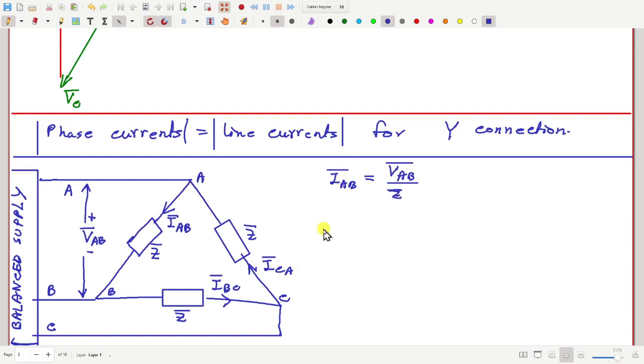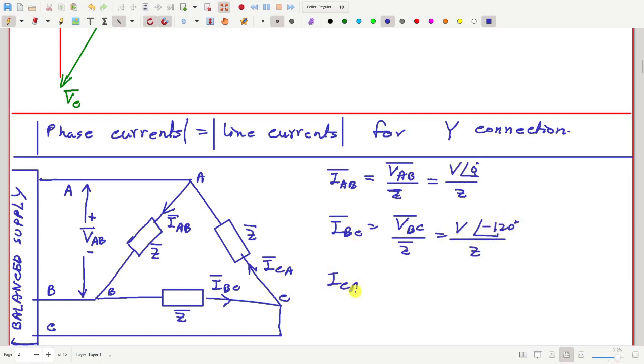They will be 120 degrees apart. Suppose IAB is V angle 0 degree by Z, then IBC will be VBC by Z, which is V angle minus 120 degree by Z, and similarly you can find ICA. So they are of equal magnitude but 120 degrees apart.